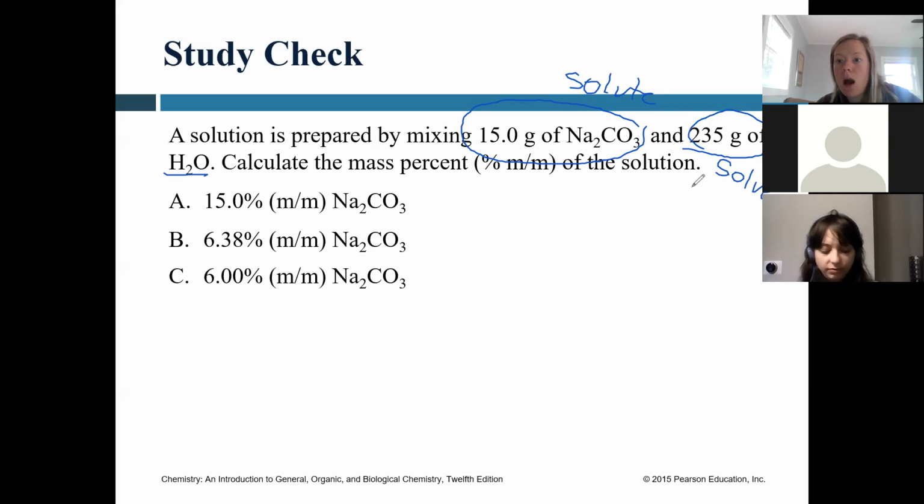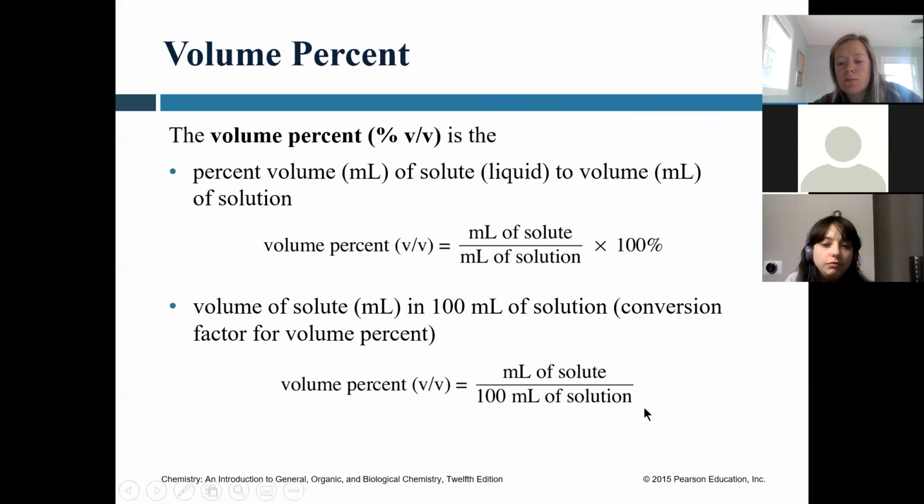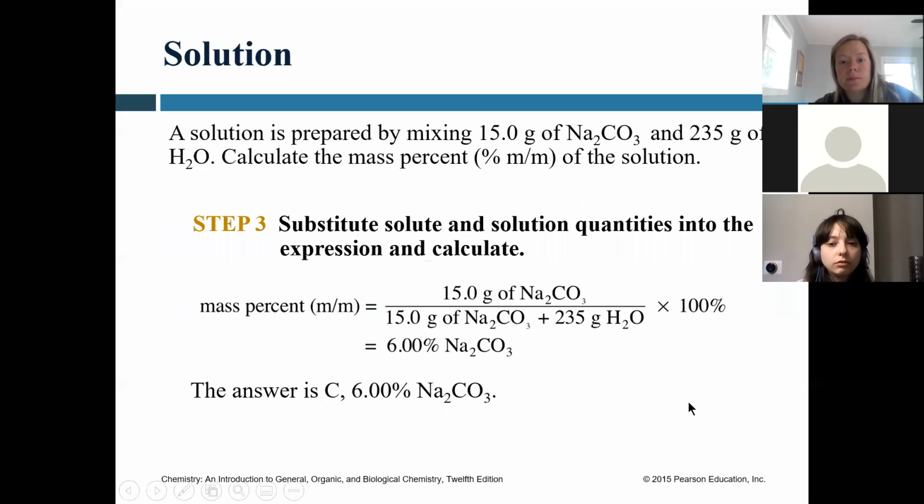So I actually have to come up with the total mass of the solution by taking the 235 and adding it to the 15. So as far as mass percent is concerned, we're going to take our grams of solute over the grams of the solute plus the solvent, or the solution, for a total of 250 grams, and we multiply it by 100. In this case, we get 6%.